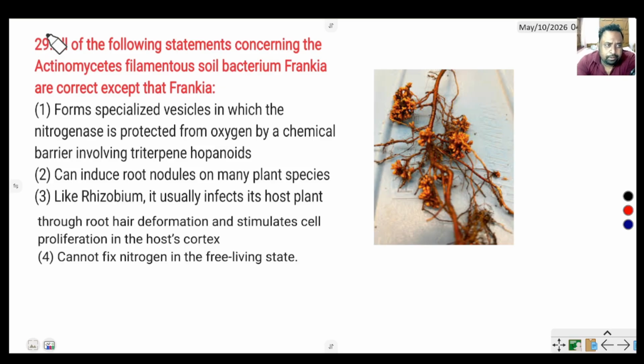Next question. All the following statements concerning the actinomycetes, the filamentous soil bacterium Frankia, are correct except that Frankia: Number 1, forms specialized vesicles in which the nitrogenase is protected from oxygen by a chemical barrier involving triterpene hopanoids.